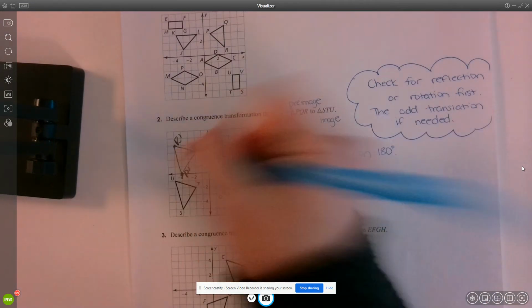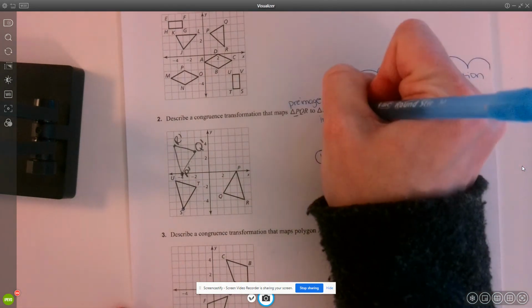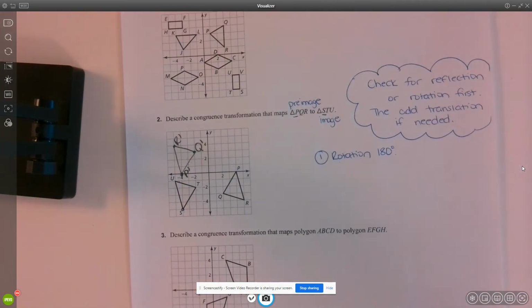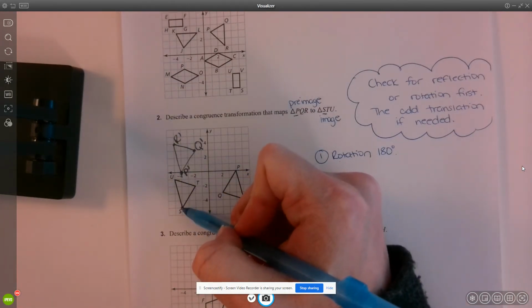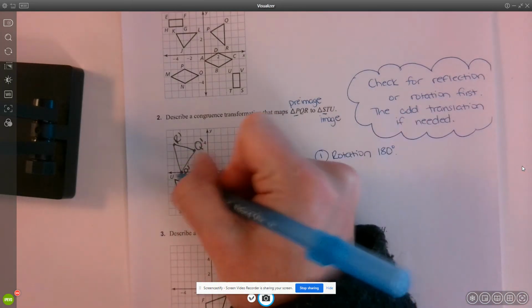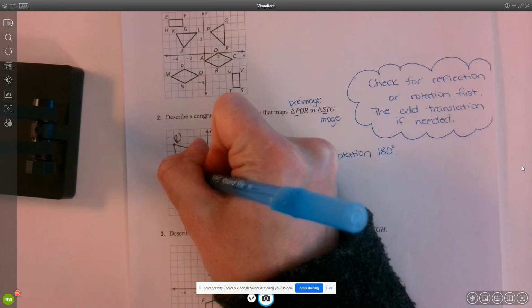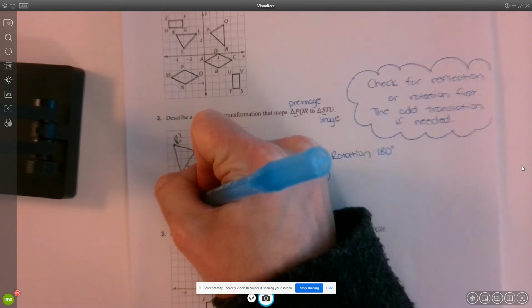I know P prime has to map onto S, right? P and S were both named first in the triangle. So I have to ask myself, what kind of slide do I need to do to get P prime onto S? I don't have to move it left or right at all. I just need to move it down 1, 2, 3, 4, 5.